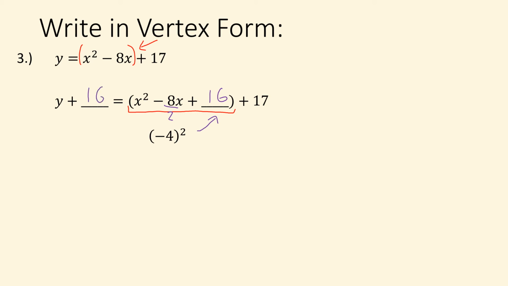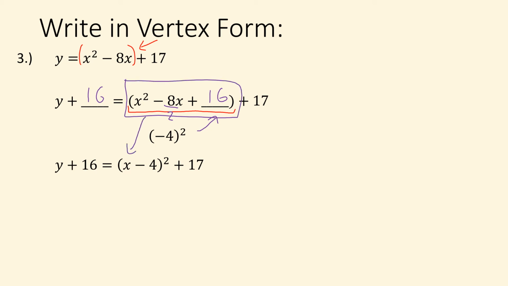sides. Okay, this whole thing turns into the first part of our vertex form. It's an x minus 4 since it was a negative squared. We have the plus 17. In vertex form, we don't want it to be y plus 16 equals. We just want it to be y equals.